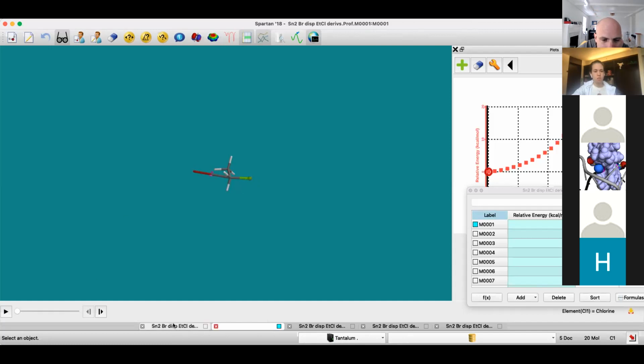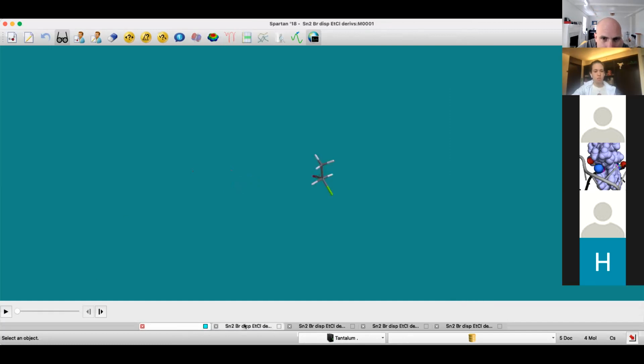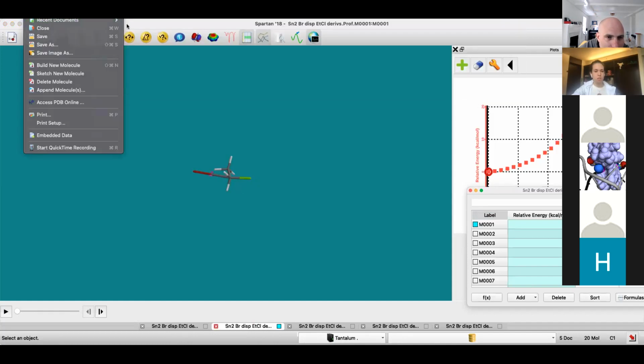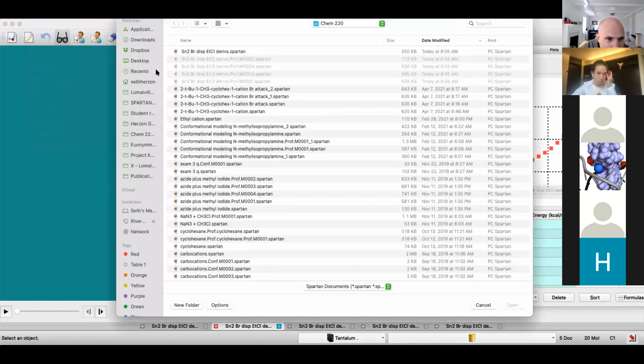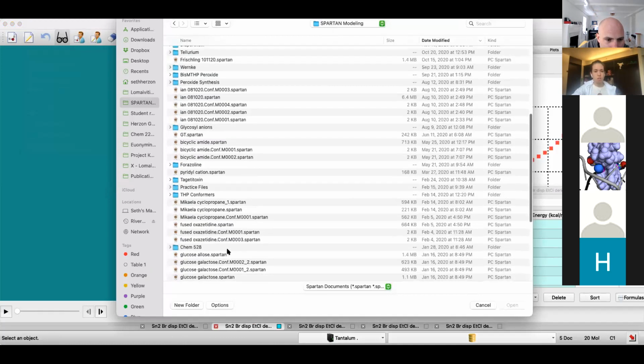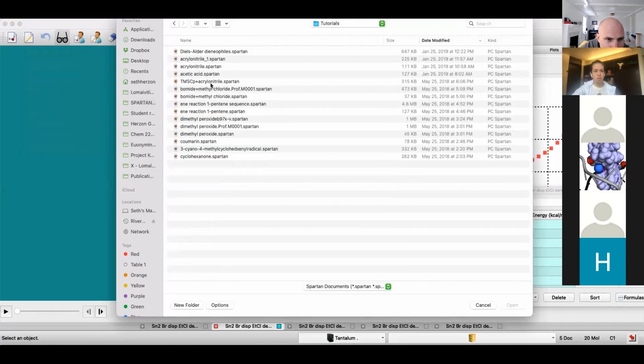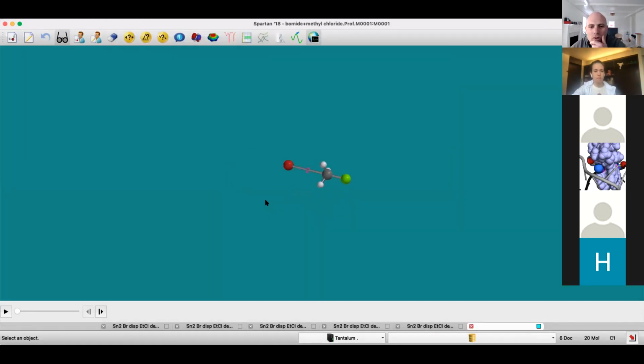This is not the one I want. Let me just hold on for 1 second. Sorry, yeah, this is the one I wanted. Okay, so this is bromide coming in and attacking methyl chloride.